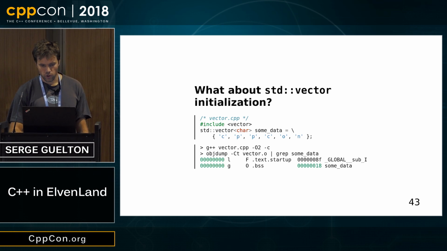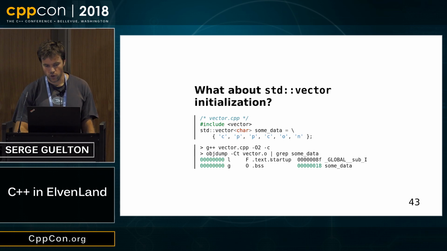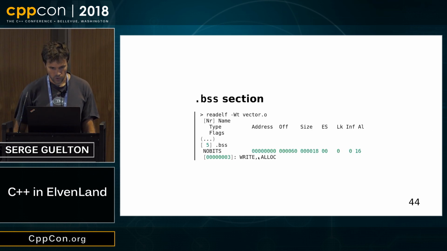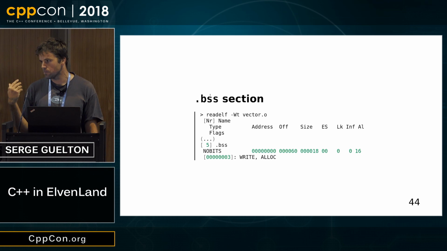My variable is zero-initialized, so it goes into the BSS section, and I have some code that is executed at startup, and that's why I have this .text.startup section. So the BSS section is a section full of zeros, and so the only thing that matters is its size. It doesn't take size in the binary, it only takes size once loaded in memory, and it only contains zeros.